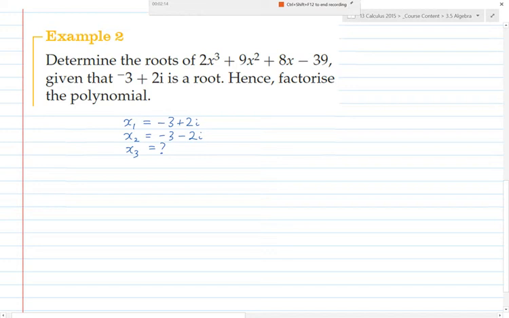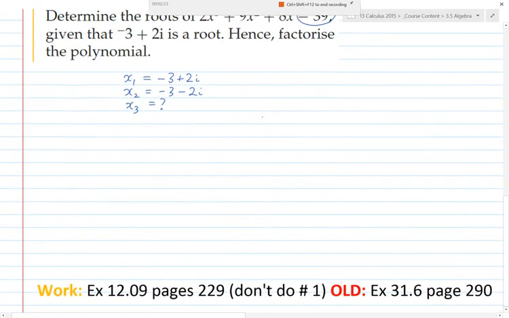We'll take cues from the last part of our polynomial. If these are both roots, then our first two factors are going to be x plus 3 minus 2i. Just notice the difference in the signs there, I've jumped a step. And then x plus 3 plus 2i. Those are the first two factors.